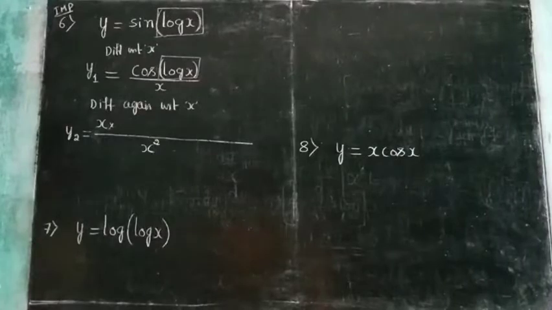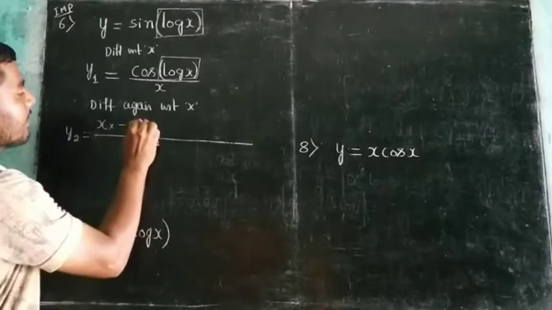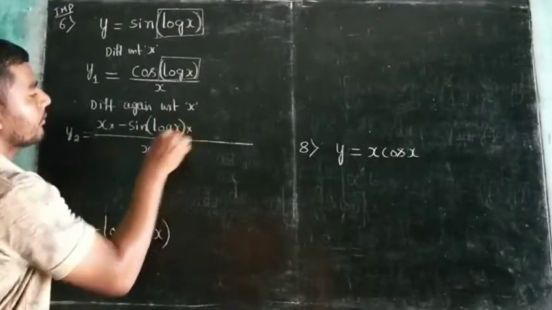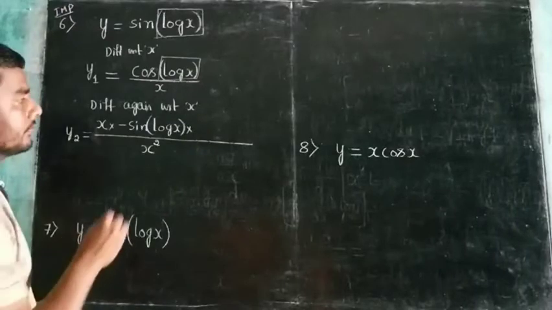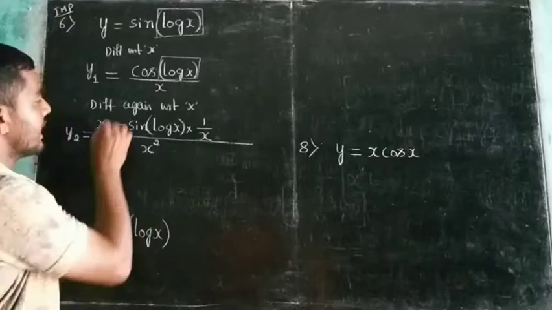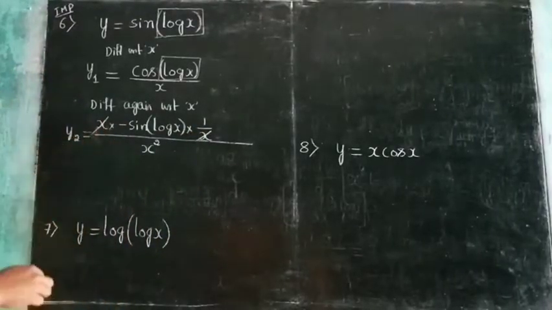Numerator is cos of log x. We want the derivative of cos of log x. So cos dabba, the derivative of cos dabba is minus sin dabba. Dabba is nothing but log x, so minus sin log x into the derivative of dabba, which is 1 by x. So here both x are cancelled because there is a multiplication.